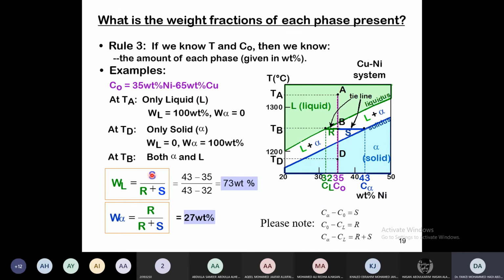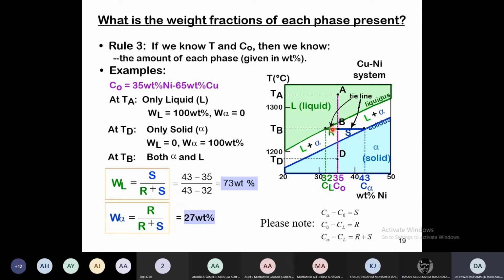So in order to determine S divided by R plus S, S is equal to what? S is the length of this segment, which is 43 minus 35.